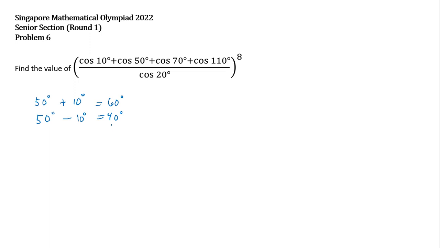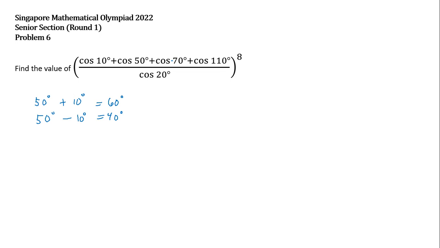Okay, so there is a great chance that we can actually cancel cosine 20 degrees if we are able to get cosine 40 degrees on top or in the numerator, or reduce cosine 40 degrees into cosine 20 degrees.